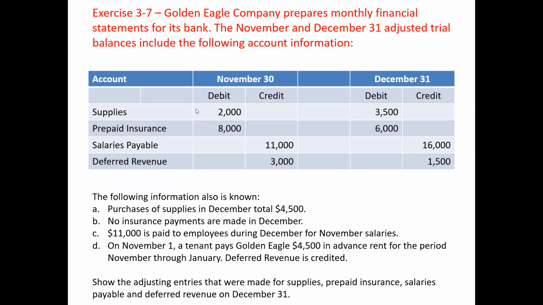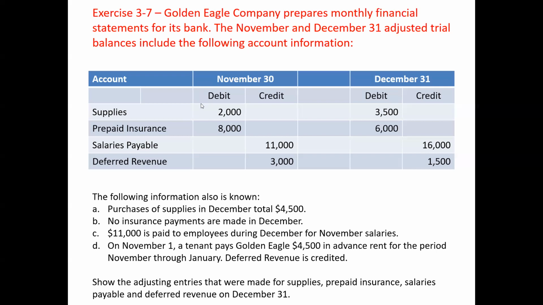So we know supplies as of November 30th was $2,000 as a debit. We know a month later, it shows $3,500. And then it tells us this information. What we're supposed to do is show the adjusting entries that were made for supplies, prepaid insurance, salaries payable, and deferred revenues on December 31st.